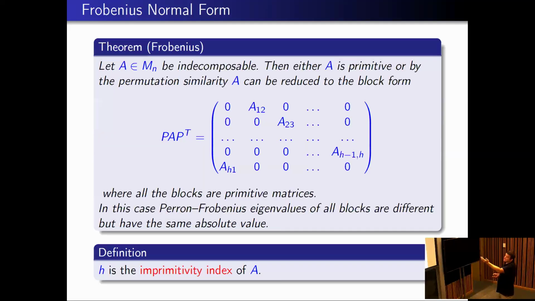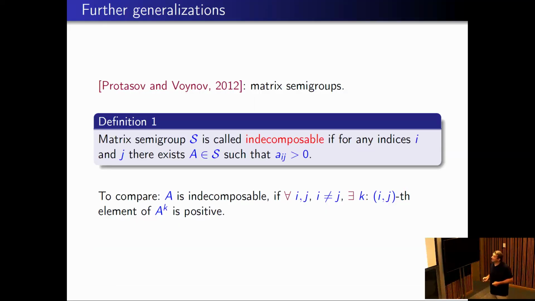So here it is for one matrix, but what will be the structure of, let's say, matricial semigroups? It turns out that there is some structure, and this was discovered at first by Protasov and Voynov. They introduced the following notion of decomposability.